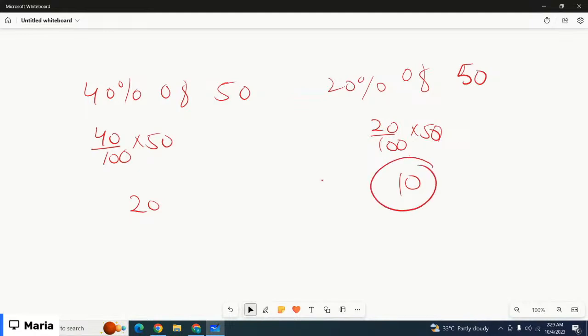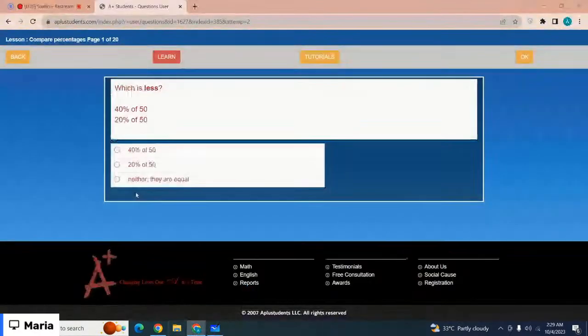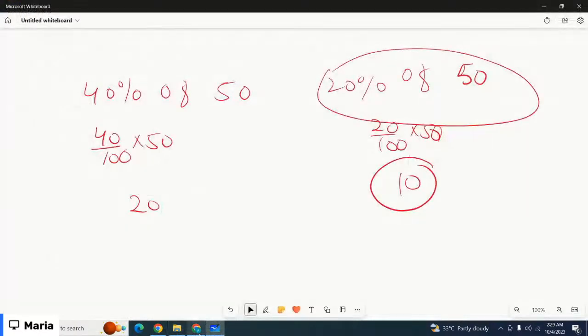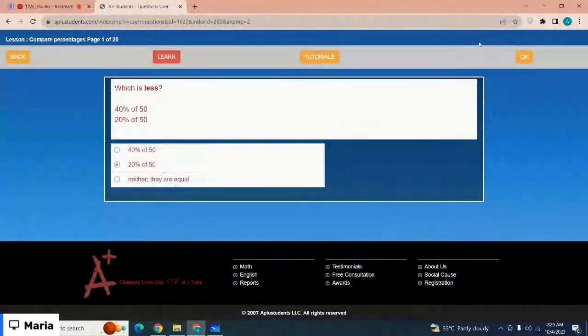So the less is obviously this one. 20% of 50 is less than 40% of 50. Use your notebook and pencil and calculate the values, right? Just do not guess the answers. So the question is, which is less? 20% of 50 is less, right?